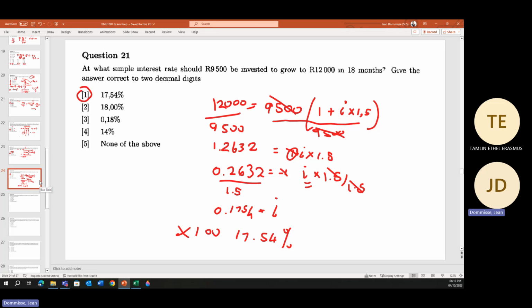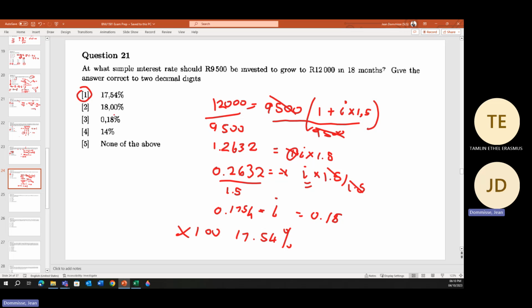So again, just be careful when you look at this, so that you don't use 0.18, because here you could have rounded it off to 2 decimals, but then your interest is 0.18, not 0.18%.